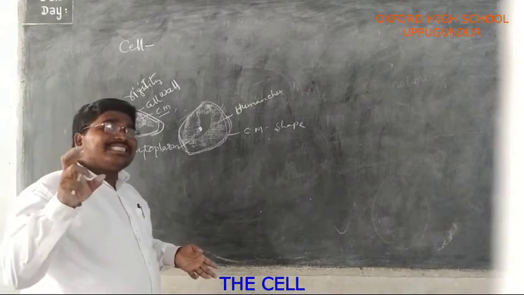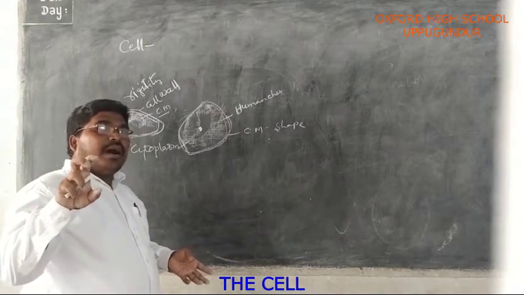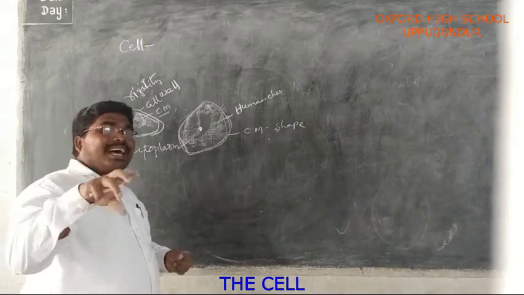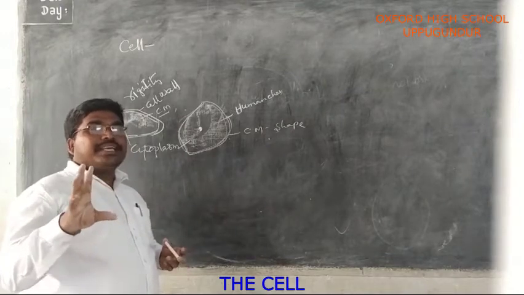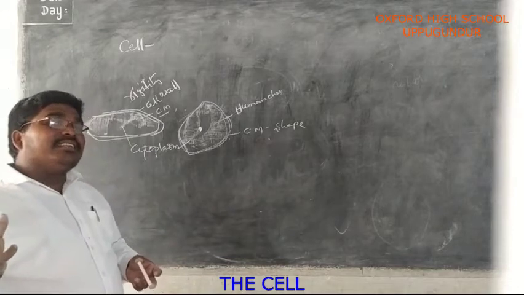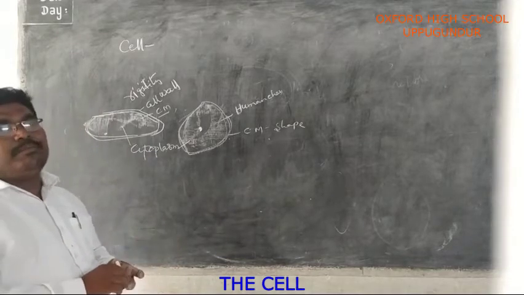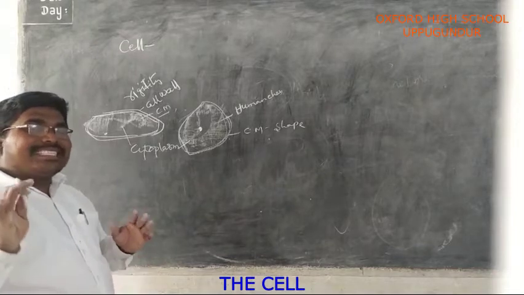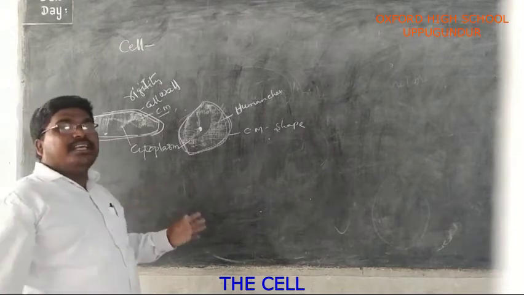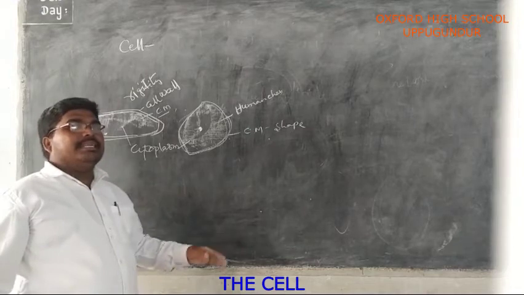So, are all the onion peel cells similar? If you take bigger onions, are all the cells also the same in size and shape? On which basis does the size and shape of the cell depend? We will see about it.